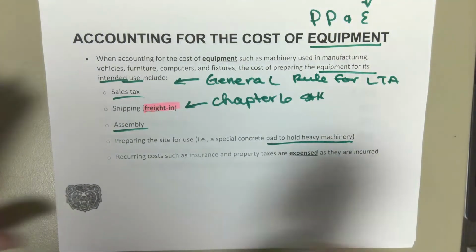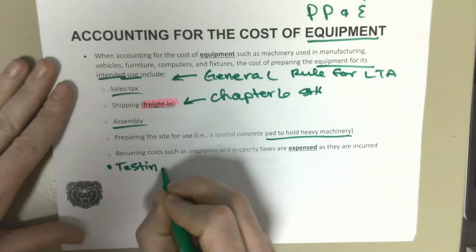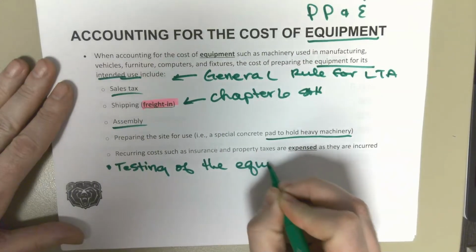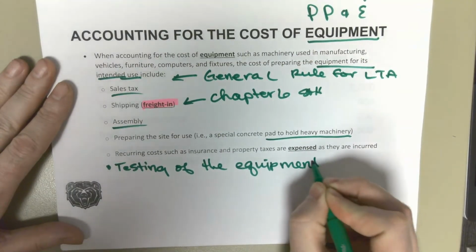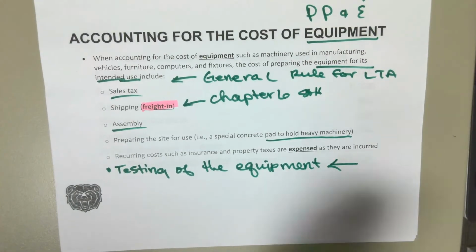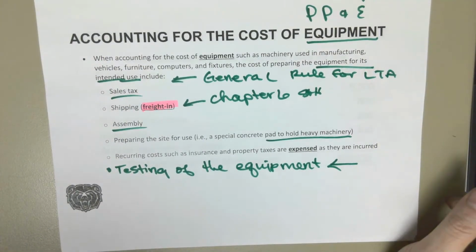Another one that's sneaky is testing. I didn't put this one on here, but sometimes you'll see this one sneak into a list, and it needs to be included in the cost, okay? If you have to test the equipment, so let's say you've assembled it, now you have to do a test run with it to make sure it works. The cost of that test run is included in your cost for your equipment.